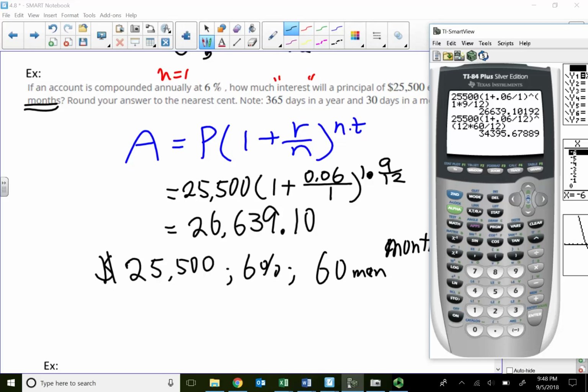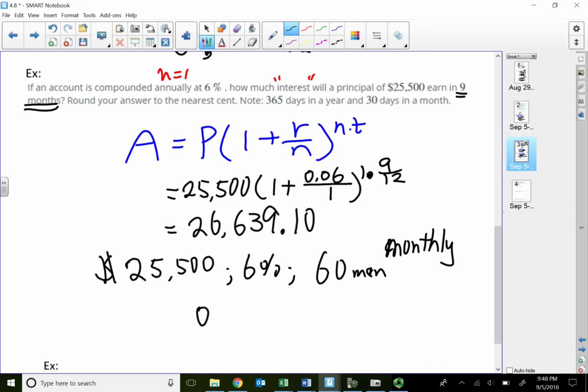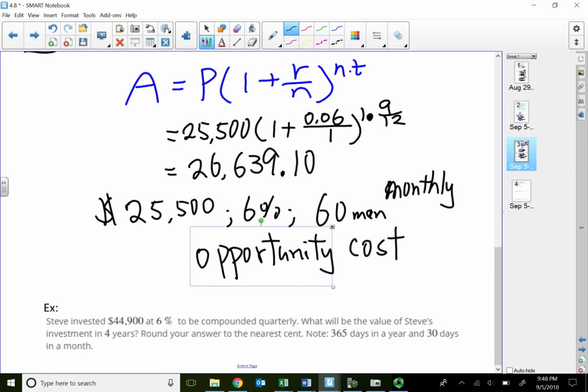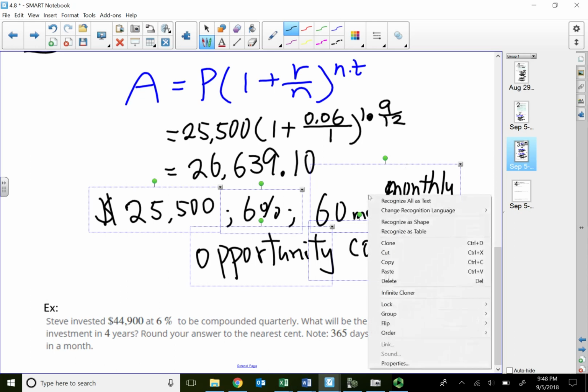That is what we call opportunity cost. Money goes one place, it cannot go the other place. This is people's choice what they want to do with their money.